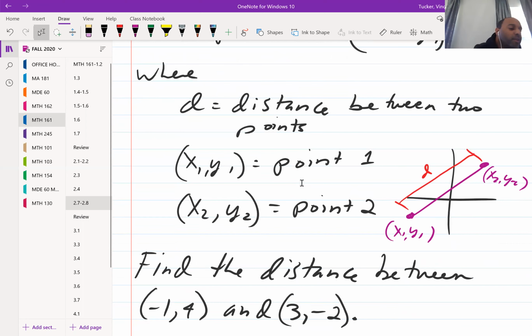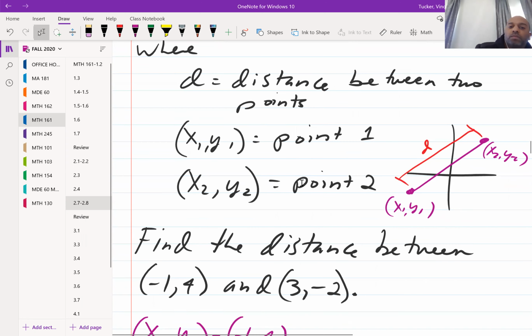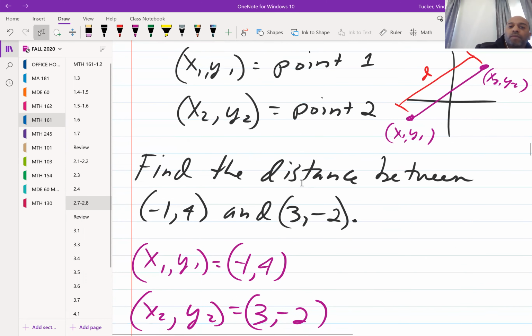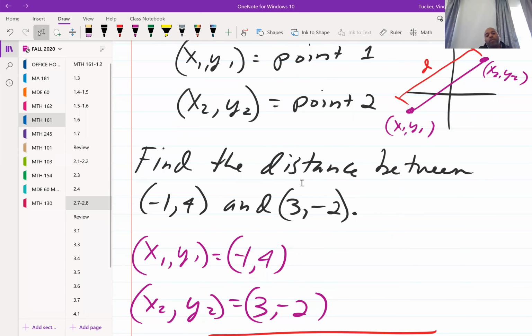All right, first example: we want to find the distance between the points -1, 4 and 3, -2. I labeled point one -1, 4, and point two 3, -2.